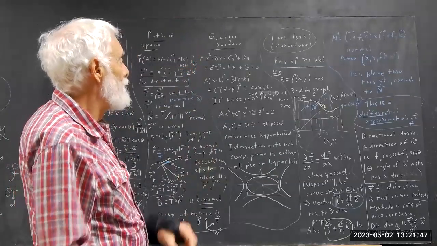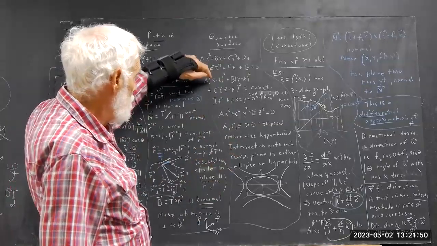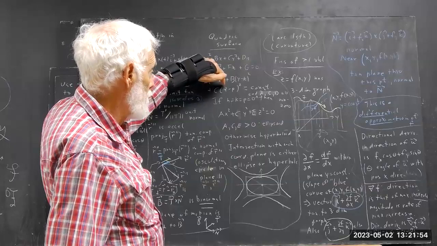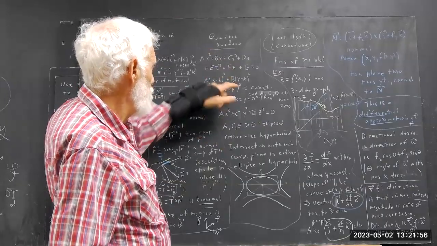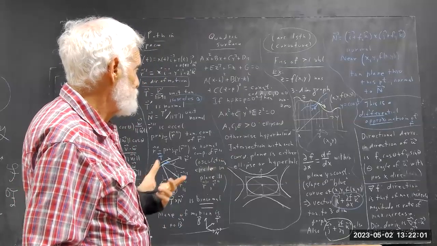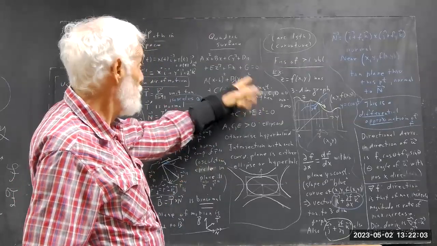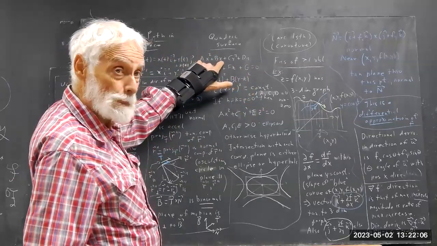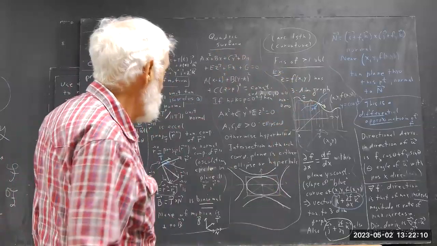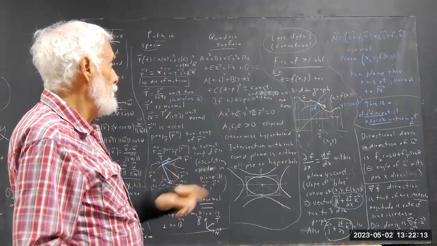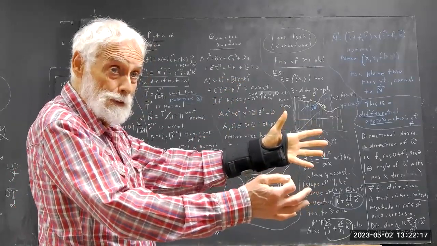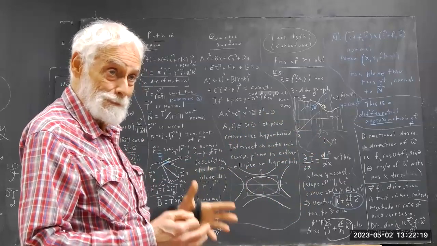And it can be put in the form of a times x minus h squared plus b times y minus k squared plus c times z minus l squared equals a constant, just by completing the square. Then you know how to translate the thing. You do a quadratic surface centered at the origin.